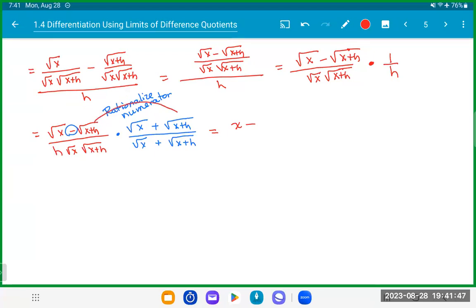Then I just multiply these two by each other, so I get a negative x plus h, because the square root times the square root makes the square root go away. All of that is divided by our h times the square root of x plus h. Now we have to multiply it by the square root of x plus the square root of x plus h. That's the denominator here. Okay.